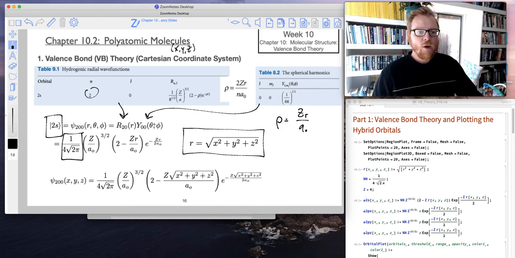We also notice here there's my Z over a to the 3/2, and there's my 2 minus rho, which becomes 2 minus Zr over a, and then e to the negative Zr over 2a. Beautiful.